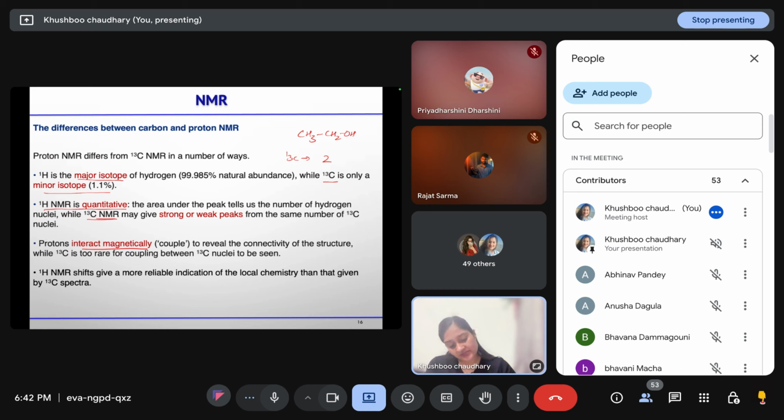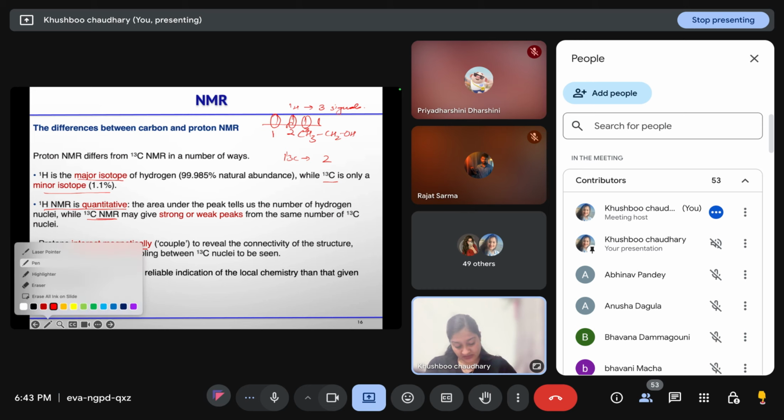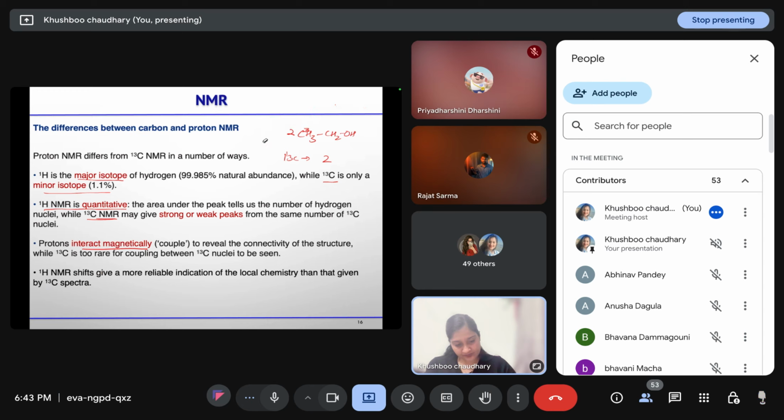But in 1H NMR, we will get three signals.